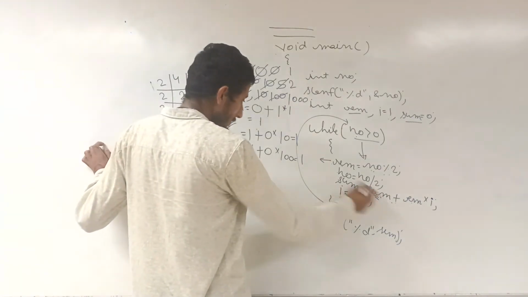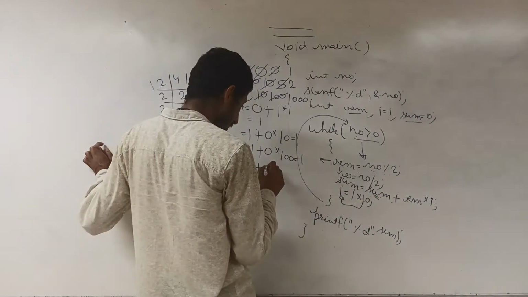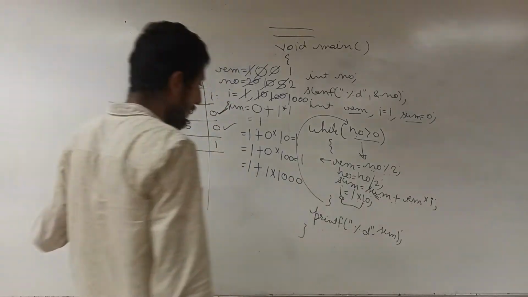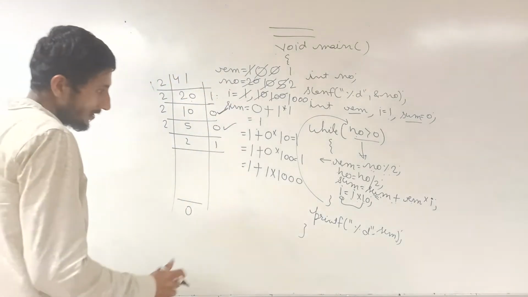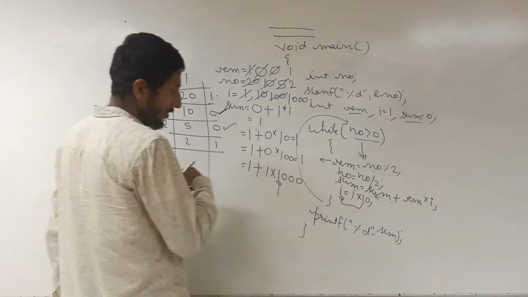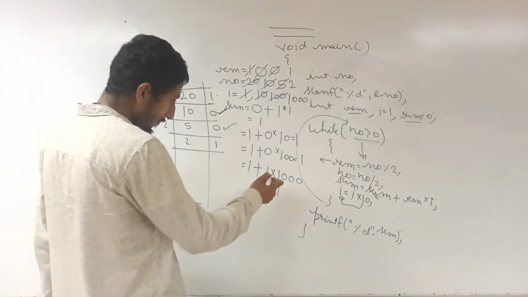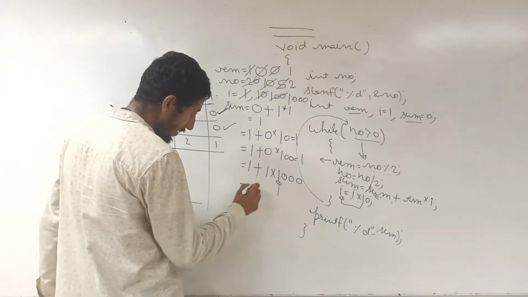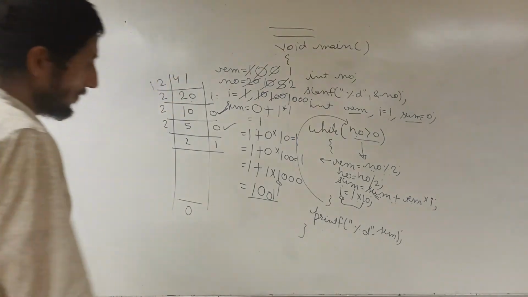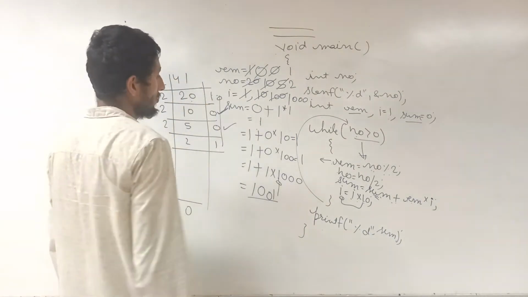Sum is 1, plus remainder is 1, and I am going to multiply by 1000, that is the value of I. What this means is that I am going to shift that 1 to the fourth position. That is my task. It becomes 1001. So the value of sum has been changed to 1001, and you can check that. That is the requirement also.